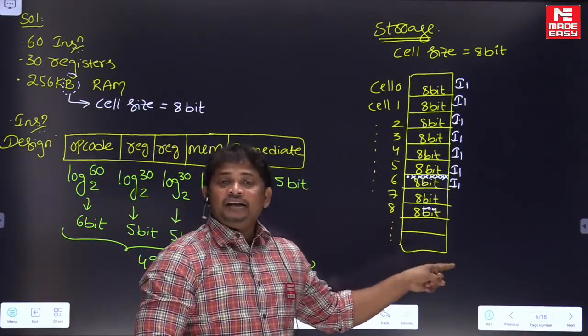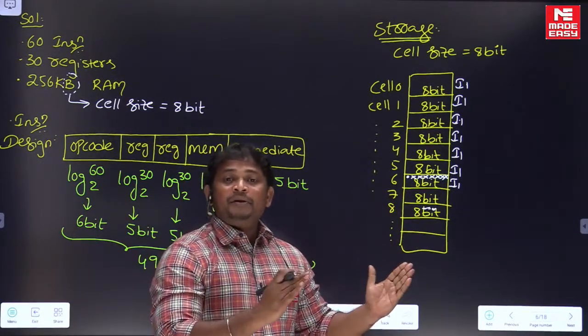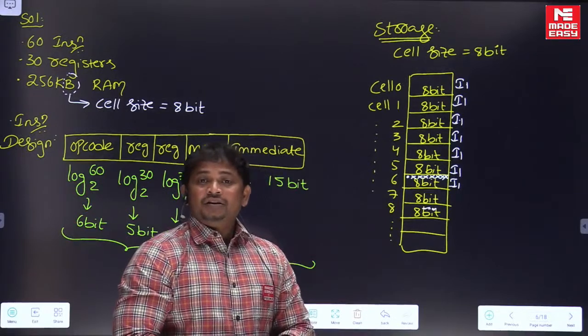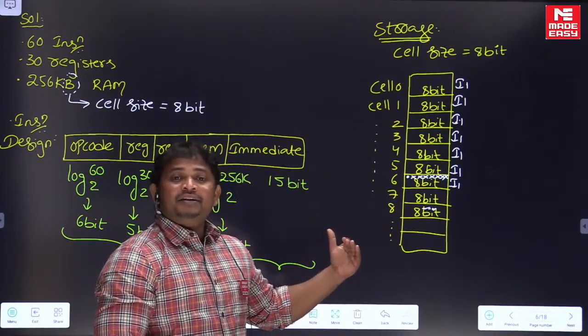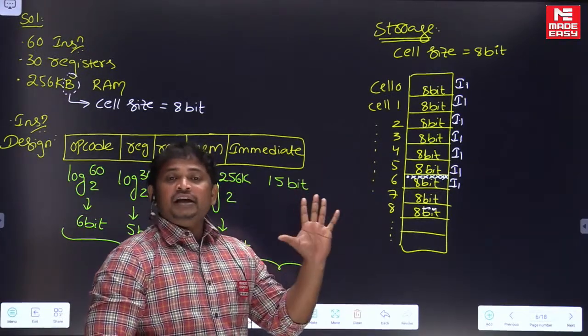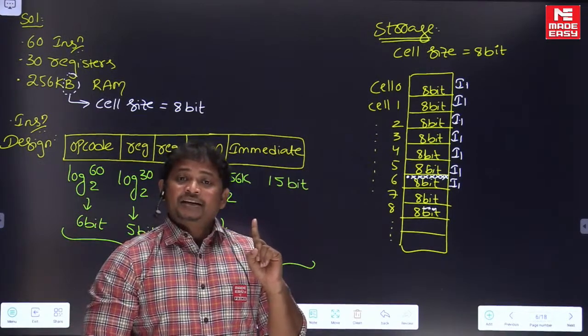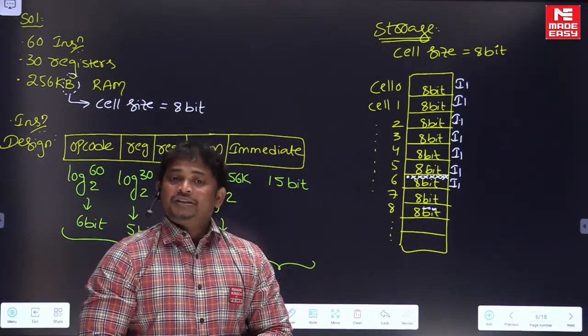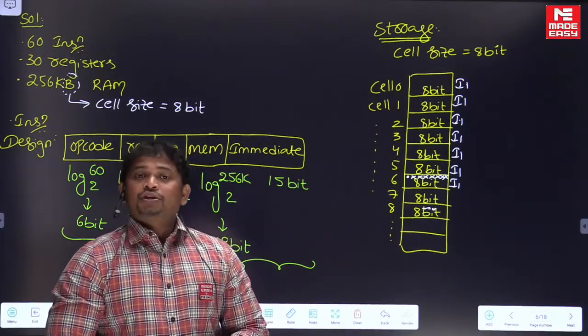Instruction size is 49 bit. Cell size is 8 bit. When I allocate memory space to the instruction, total 7 cells are required. In the 7 cells, 6 cells are fully utilized, and in the 7th cell only 1 bit space is required and the remaining space is wasted. Even though it is wasted, that cell is counted for that instruction only.